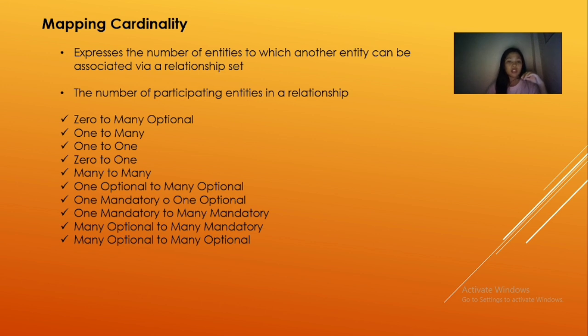The number of participating entities in a relationship is 0 to many, 1 to many, 1 to 1, 0 to 1, many to many, 1 optional to many optional, 1 mandatory to 1 optional, 1 mandatory to many mandatory, many optional to many mandatory, and the last is many optional to many optional. Those are the mapping cardinalities that we will discuss later when drawing the ERD in this tutorial.